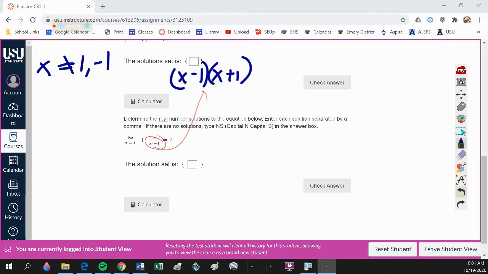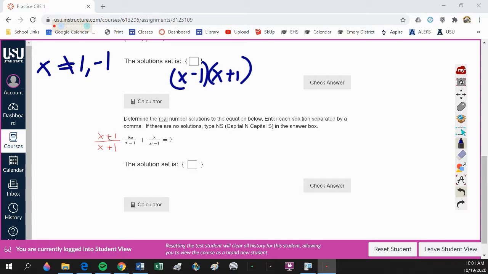So one of them can't be 1 and one of them can't be -1. If that's my common denominator, what does the left side need? It needs an x plus 1. Okay. What does the middle fraction need? Nothing. It already has them all. Okay. And what does the 7 need?